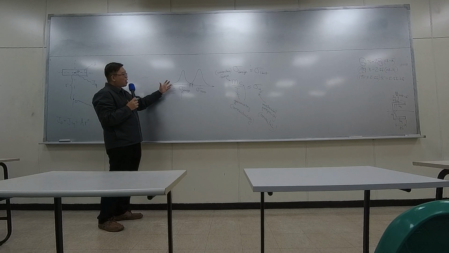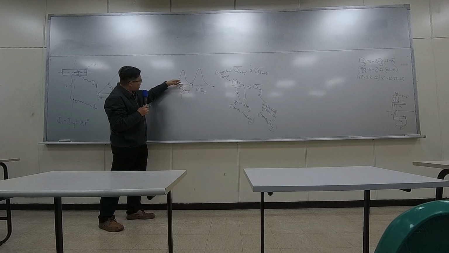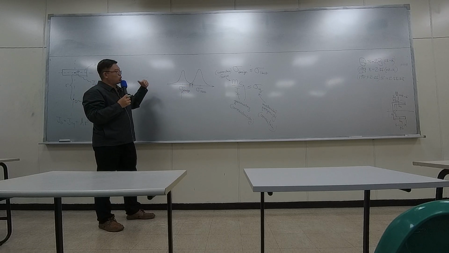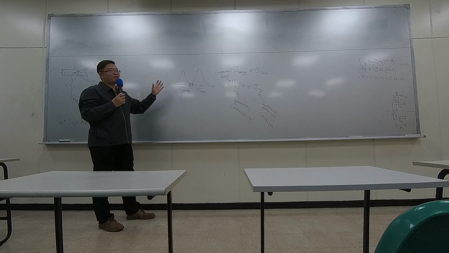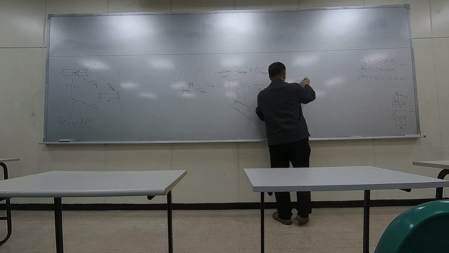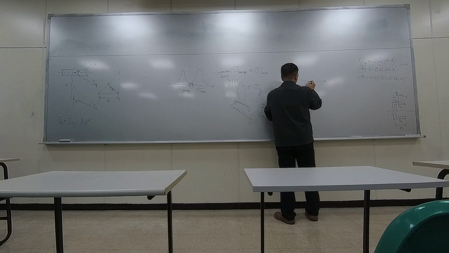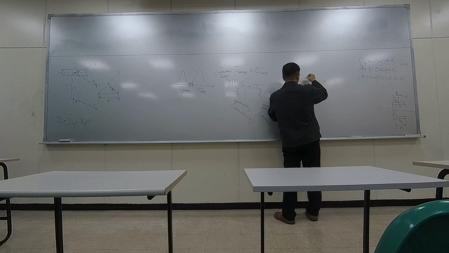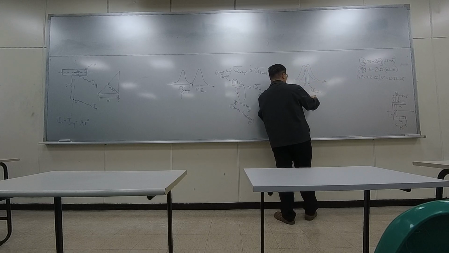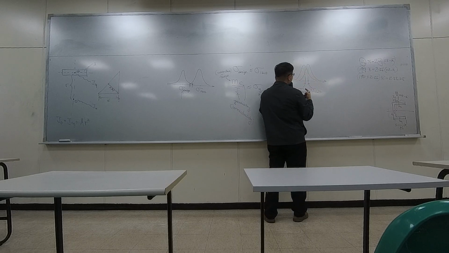But since they are at the tail of the distribution, the chances are lower. So that would be fine. However, if you allow your design stress to be closer to your limits, so if this is your design, and this is your limit, then this is the mean value, and this is like a distribution of your design, and the distribution of the limited stress.